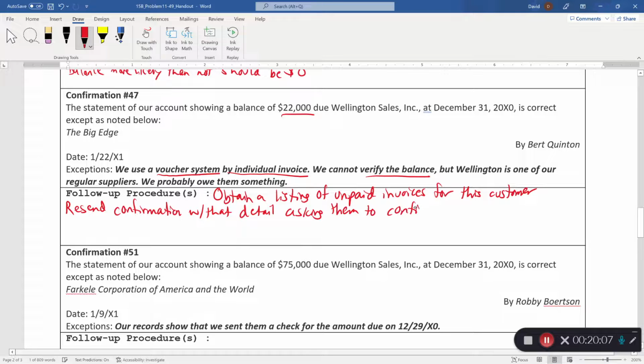And so if their information system isn't set up to handle summarization by vendor, which seems pretty silly, but it's possible, I suppose, then we would just provide the information they can confirm.